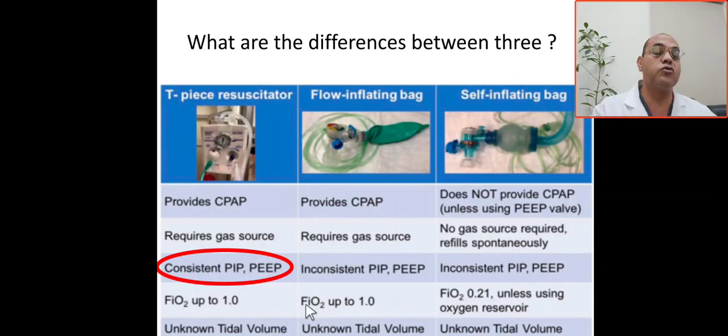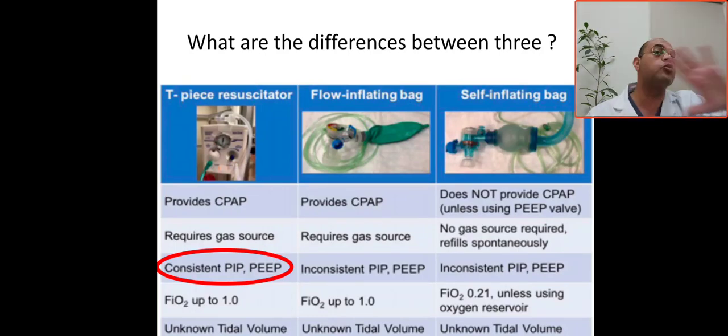All will give unknown tidal volume. So the differential points between the TBs, the flow inflating bag and the self-inflating bag: all will provide CPAP except the self-inflating bag, unless you put the PEEP valve. All require a gas source except the self-inflating bag because it will refill spontaneously.